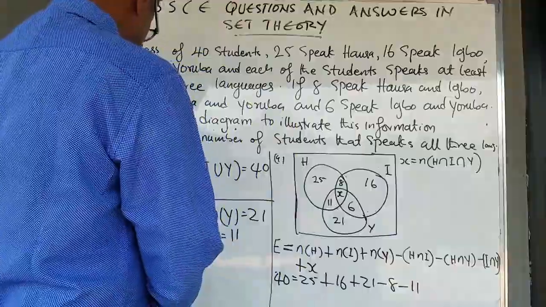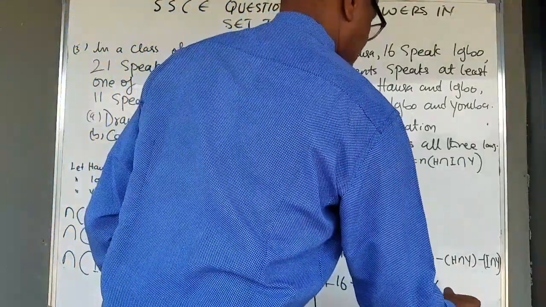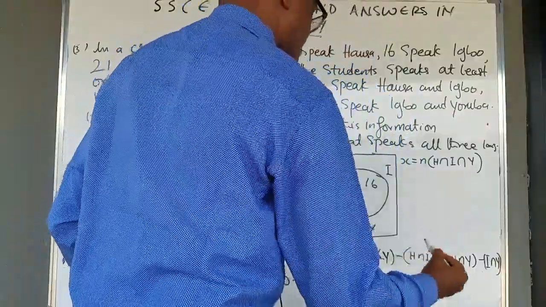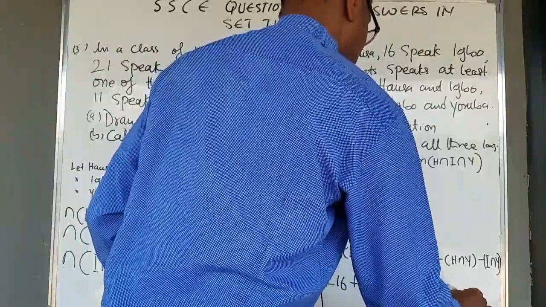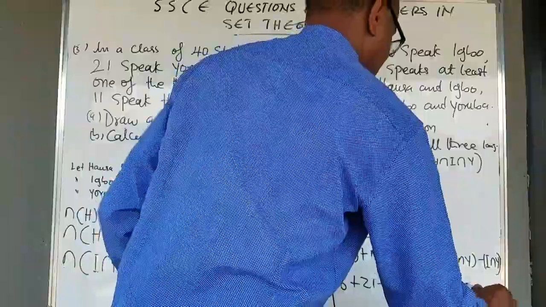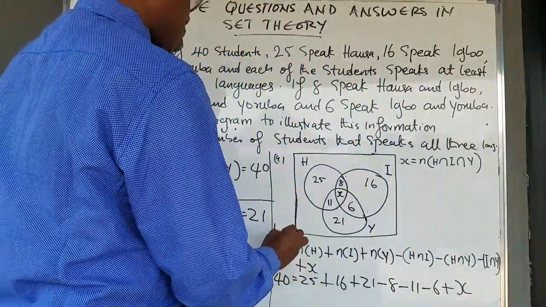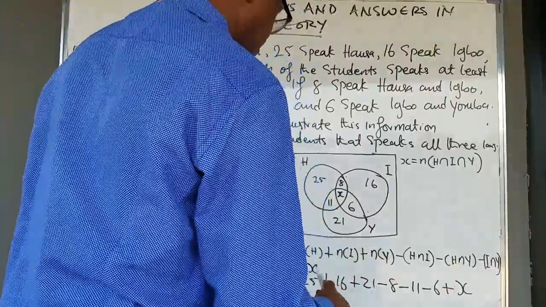Minus those that speak Igbo and Yoruba, 6. Then I add those that speak all the languages, which we now refer to as X. We are trying to answer the B question. We have answered A. Now, with this information, I can now get it.